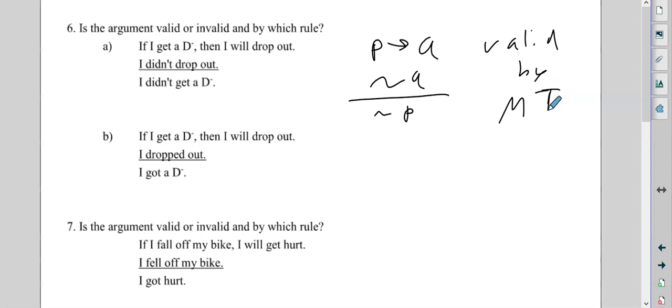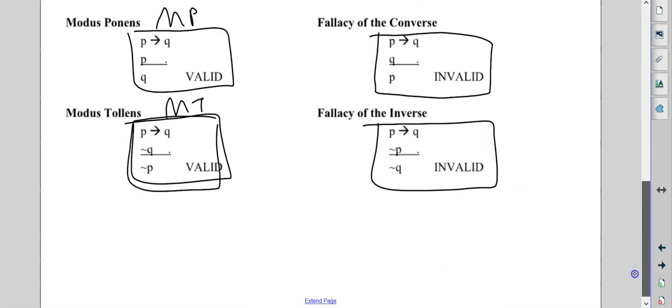So for B, if I get a D, I'll drop out. So again, that's a very simple P then Q. I dropped out. That's my Q. That's a positive Q. I got a D. That's positive P. So PQ, QP. So we just look back.